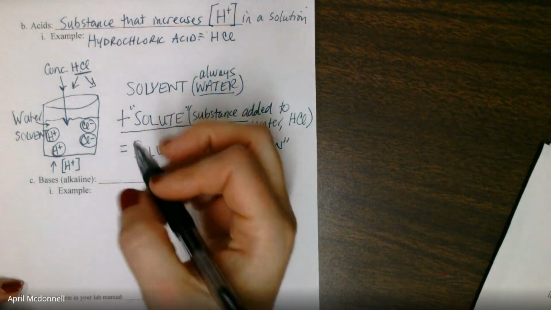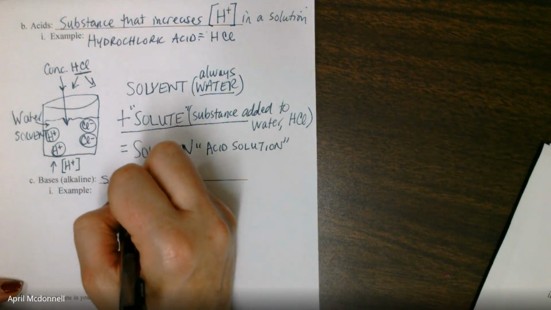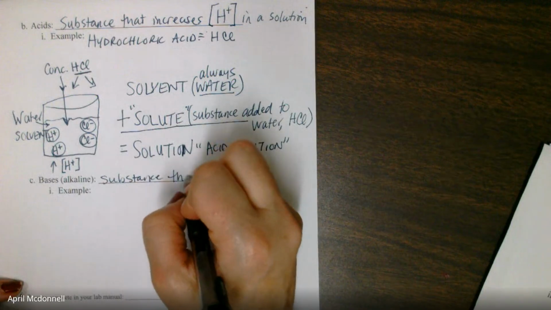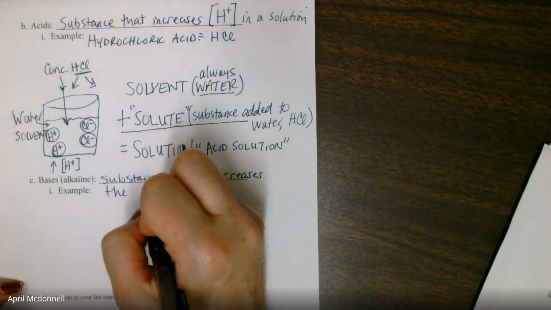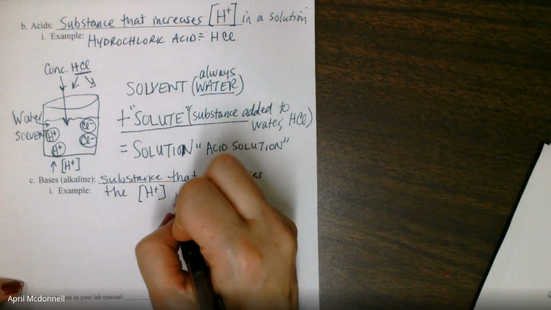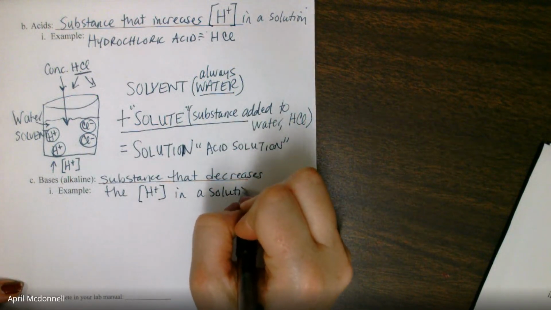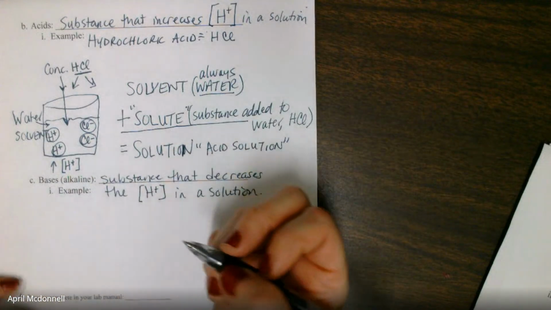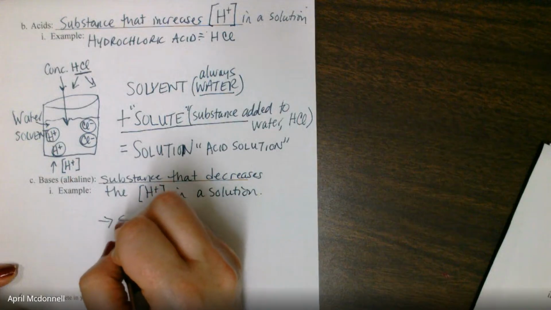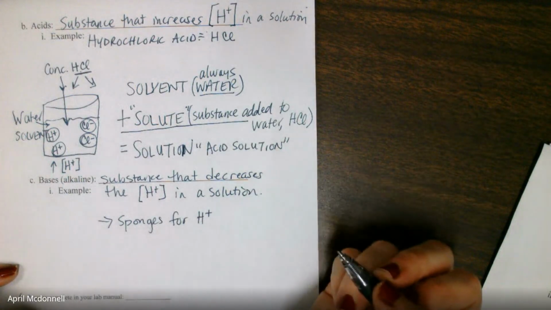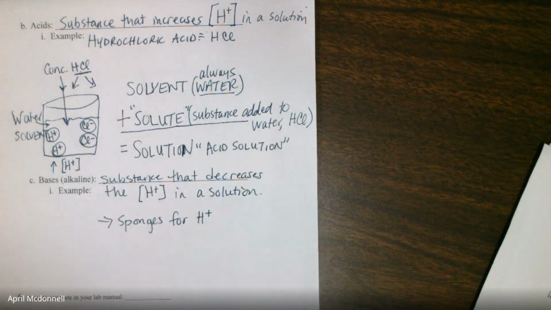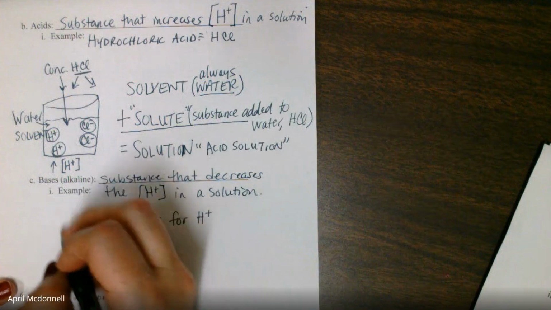Let's keep this simple. A base is any substance that decreases the concentration of hydrogen ions in a solution. Let's call bases sponges for hydrogen ions. They will soak up all of the extra hydrogen ions, therefore decreasing the hydrogen ions in a solution.